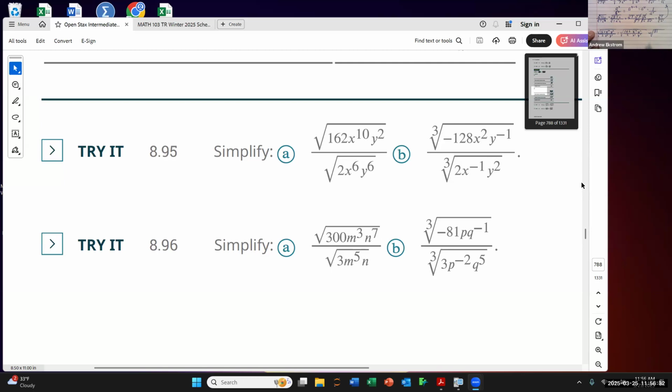X to the 10 divided by x to the 6 is going to be x to the 4. Y to the 2 divided by y to the 6 is going to be y to the 4. Take the square root of each one of these: 9x squared over y squared.